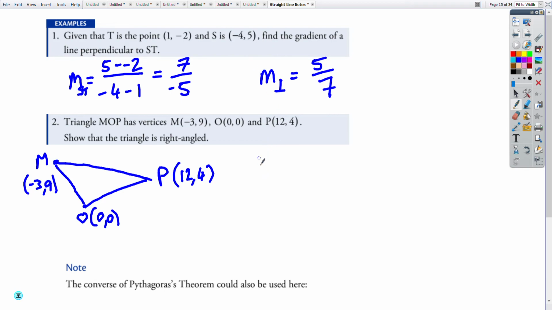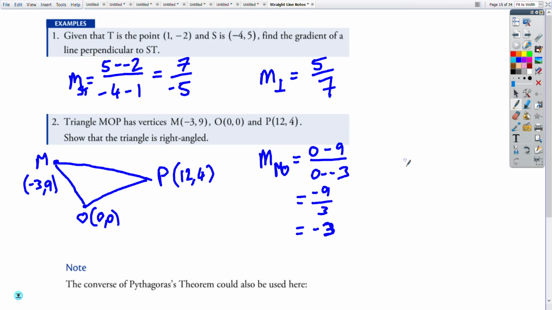Okay, so let's work out the gradient of MO. So y2 minus y1 over x2 minus x1. So that is negative 9 over 3. So the gradient is negative 3.